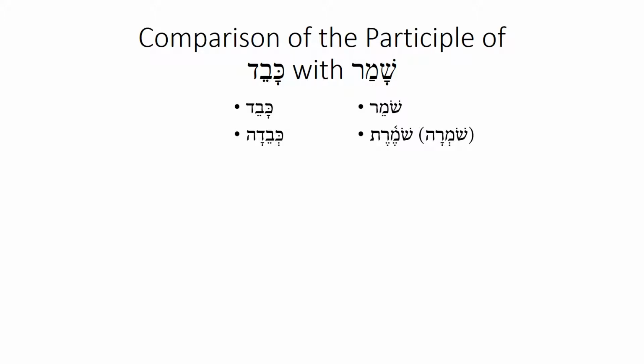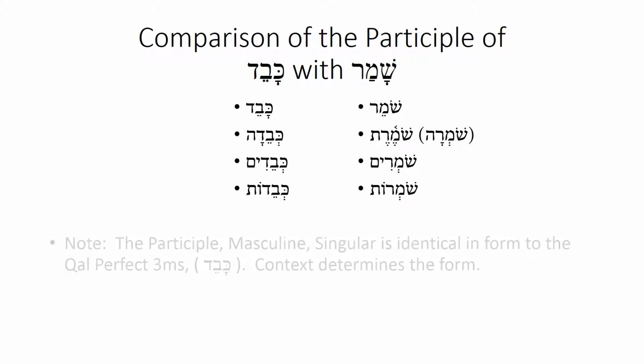Kaveda. Shomrim, we have kevedim for the masculine plural, and shomroth compares kevedoth with the feminine plural participles. So the point of this slide here is that the tsere, the E stem vowel, is maintained throughout the participle.